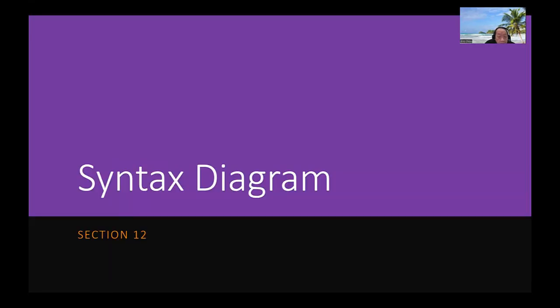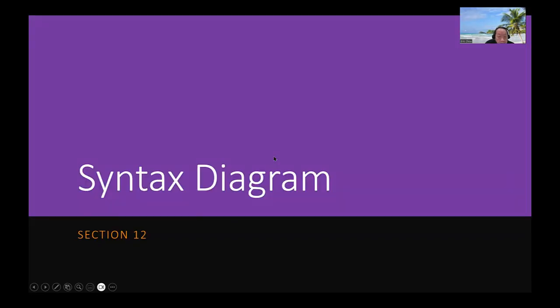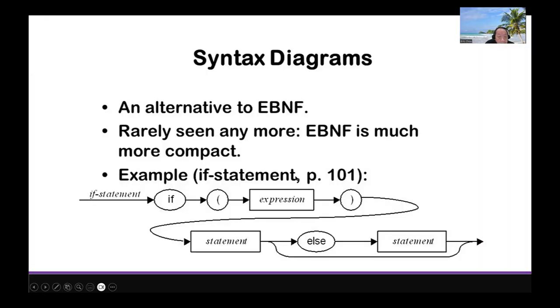Okay, before we jump into that, let's look at the syntax diagram, okay? Syntax diagram. So before you analyze the language, you need to know about extended Backus-Naur form, okay? It's called EBNF, extended Backus-Naur form.